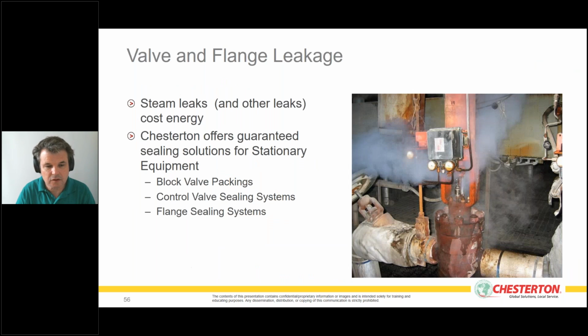Not only on rotating equipment can we save a lot of money, but on valves and flanges as well. What we often see, for example in power plants, is steam leakage, and it actually costs a lot of money.